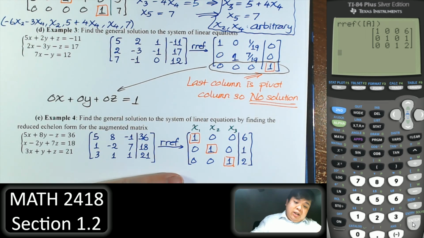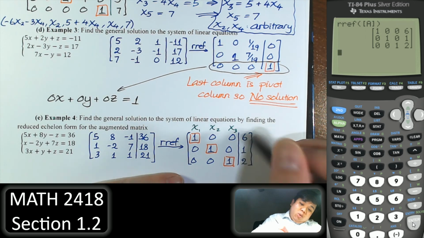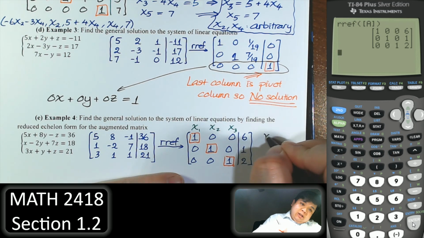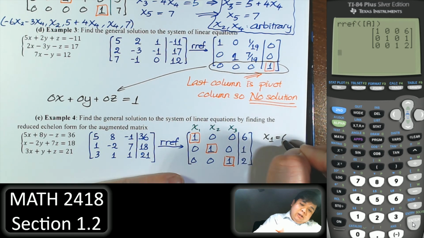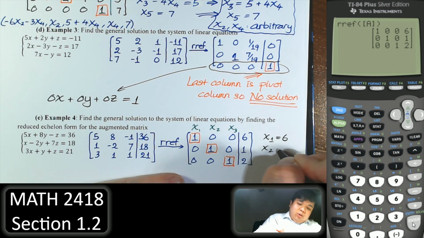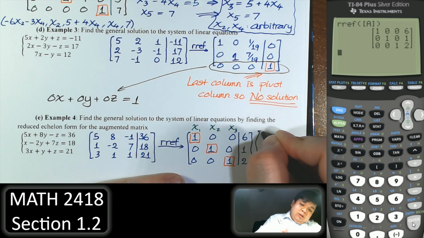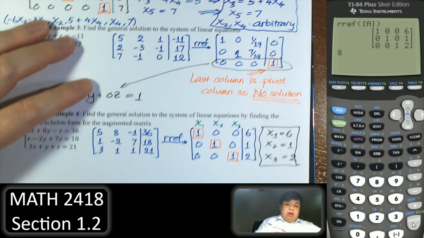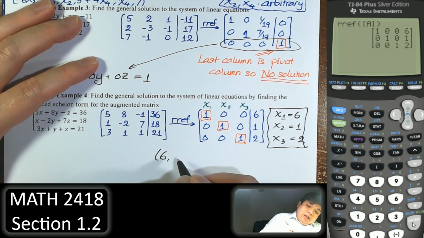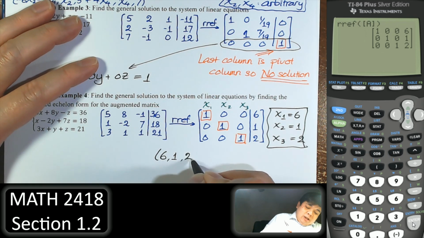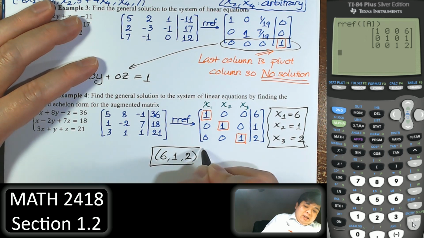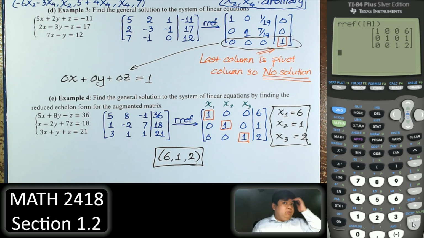And here we just say X1 is equal to 6, X2 is equal to 1, and X3 is equal to 2. Always just write it like this as the solution.